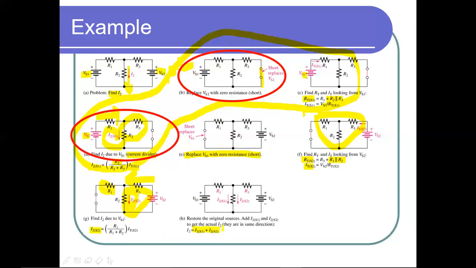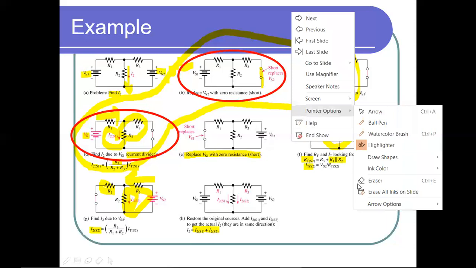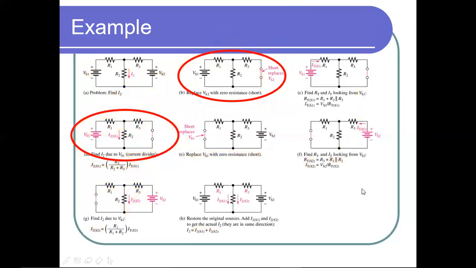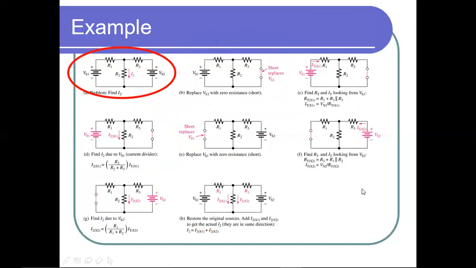Then the total current I2 equals I2S1 plus I2S2. So this is the procedure of doing superposition. Let me remove all my markers. Please note down all these pictures, then you will be able to understand what the superposition theorem actually intends.